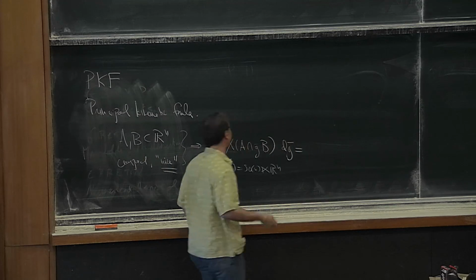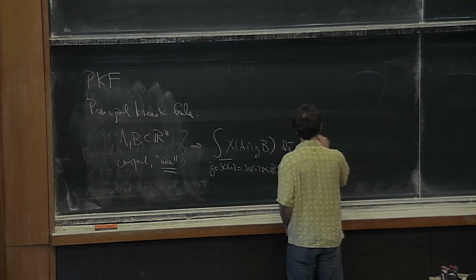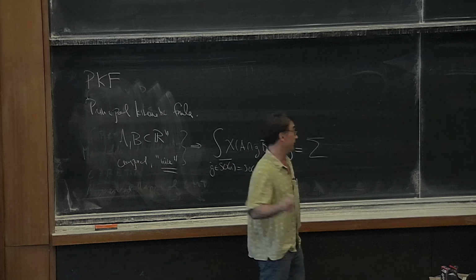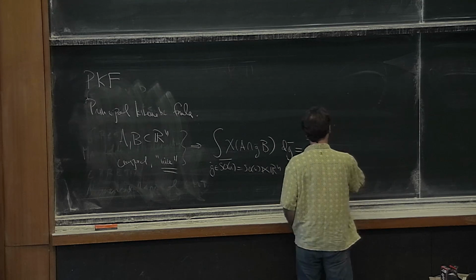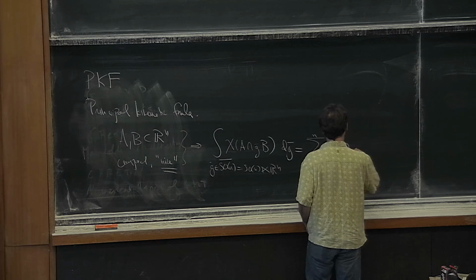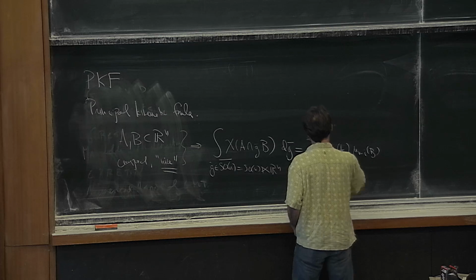It turns out that this integral is always expressible as some bilinear form in certain quantities that are attributable to the bodies individually alone, maybe with some coefficients.